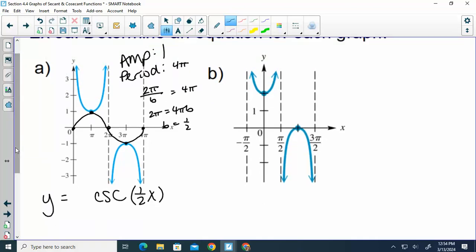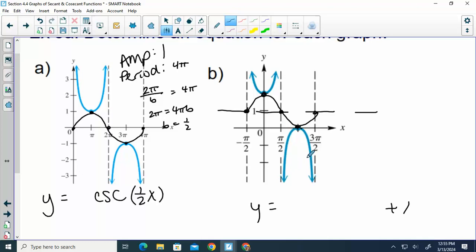Is that okay? B. What do you notice first? We've got one point at 2 and one at 0. The middle is right here. So the original went up 1. So we have to have a plus 1. Okay, so this would have been at the 0 mark. Amplitude 1.